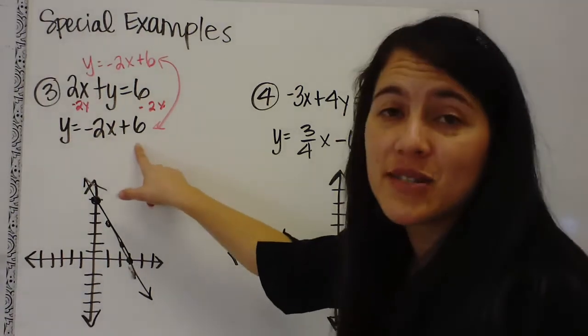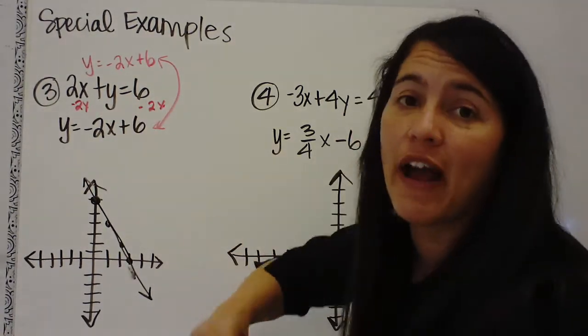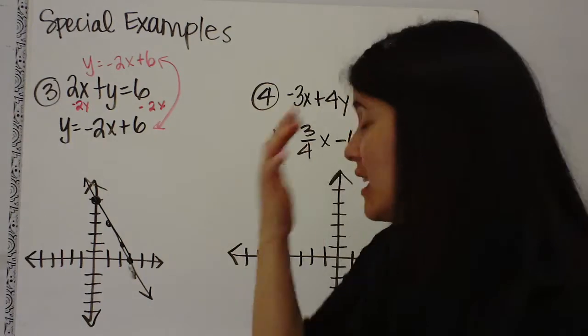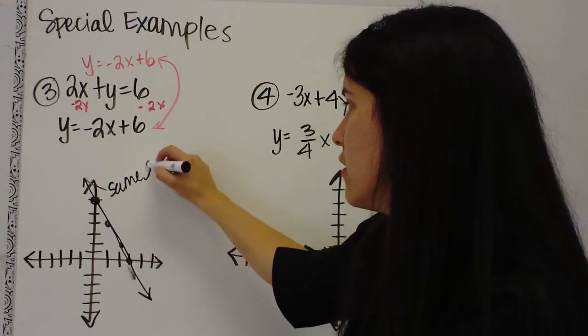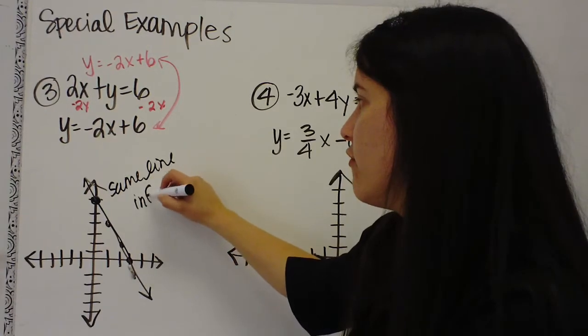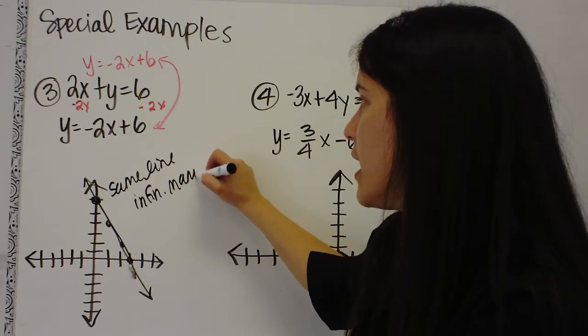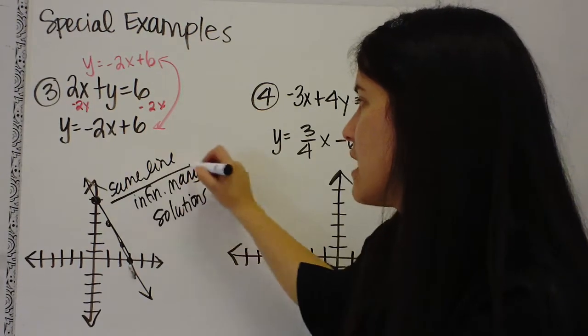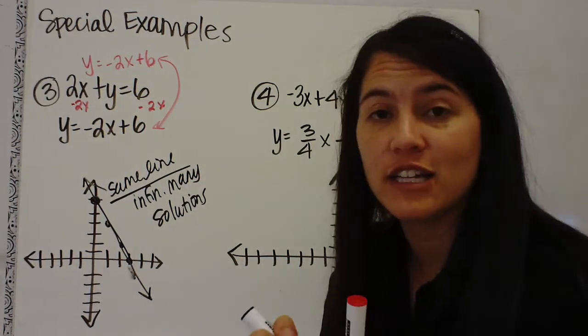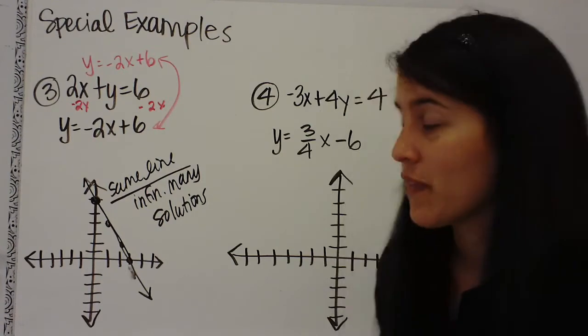If I wanted to graph this one, it would be the same line. I would graph over the line that I've already made. So because I have the same line, this is infinitely many solutions. When you have the same line, you have infinitely many solutions.